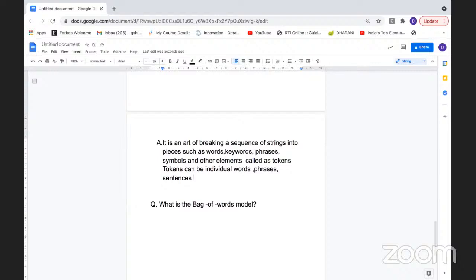If you take any word, a sentence is split into words, whether through unigram, bigram, or n-gram.